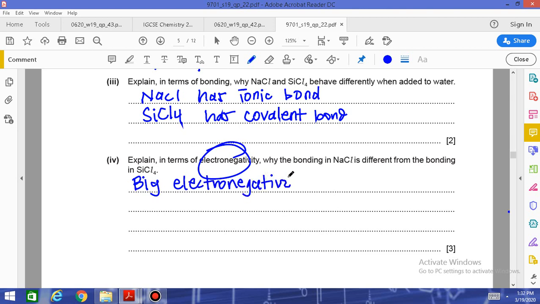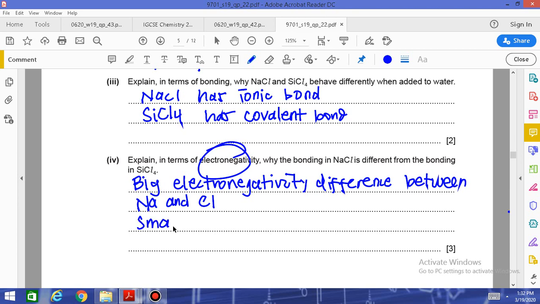So in this case, we can say that there is a big electronegativity difference between sodium and chlorine, while there is only a small electronegativity difference between silicon and chlorine.